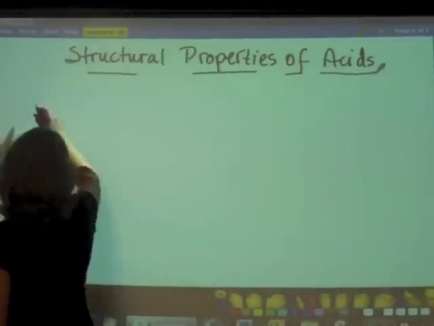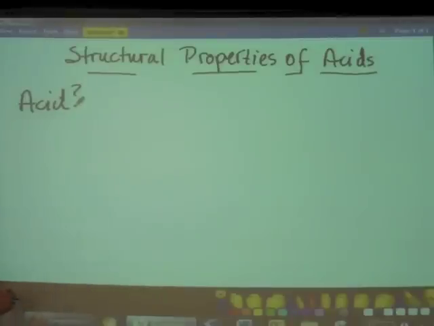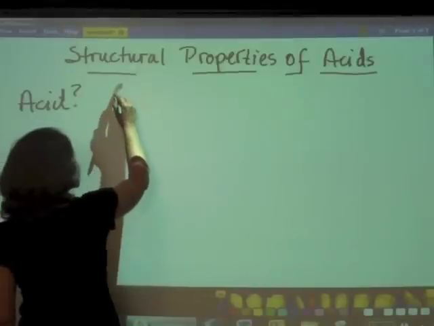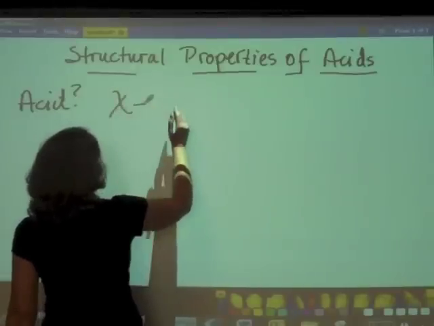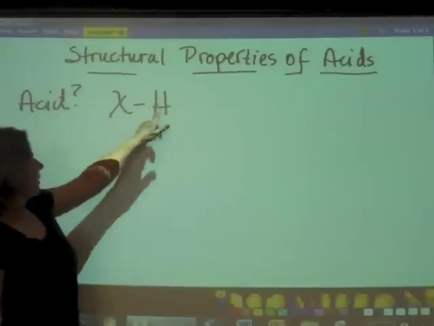So, acids. Is it an acid? Okay, well, we know that an acid is a hydrogen ion donor, or a proton donor in solution. And so there's got to be hydrogen around somewhere. So X is anything bonded to a hydrogen.